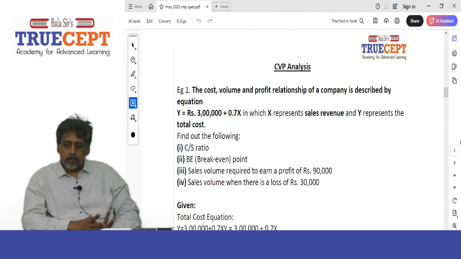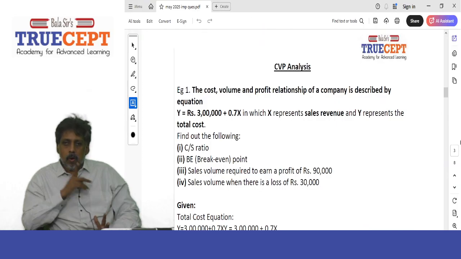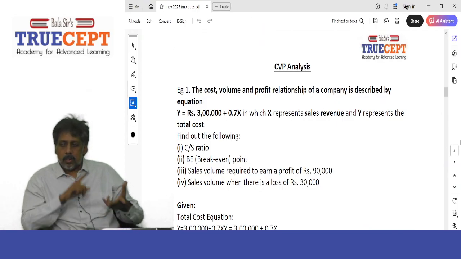Here we go. The cost, volume and profit relationship of a company is described by equation y is equal to rupees 3 lakh plus 0.7x, in which x represents sales revenue and y represents the total cost. You all know that y is a total cost. We know the total cost can be broken into two parts.